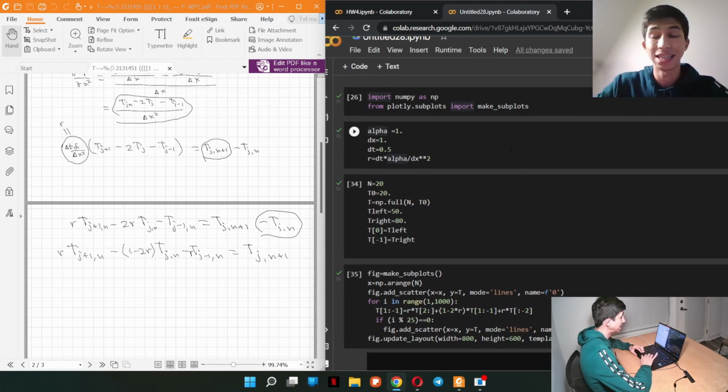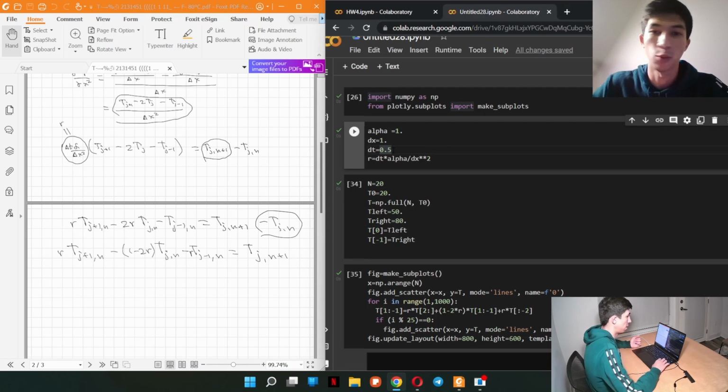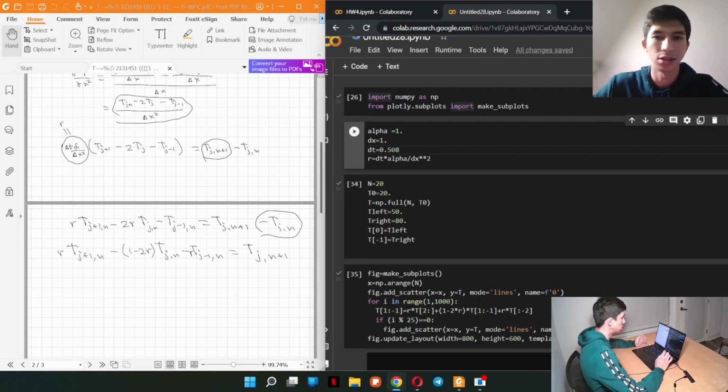Okay, so now let's see. We were saying that the higher limit for our dt is 0.5, right? Okay, let's see what's gonna happen if we increase it. So let's say we increase it to 0.58. It's a very minor increase, but let's see what happens.